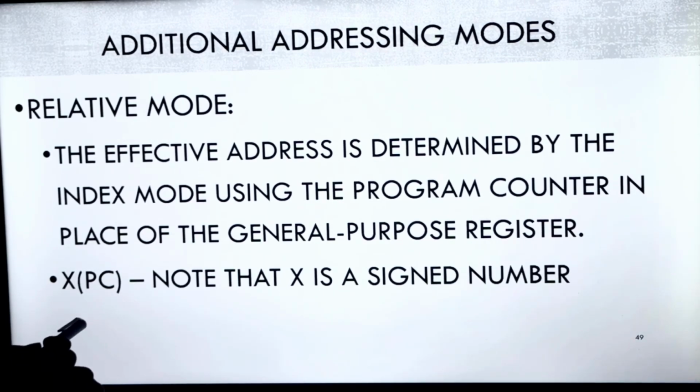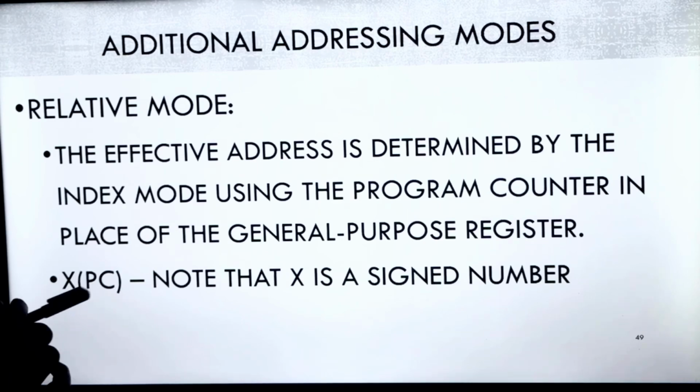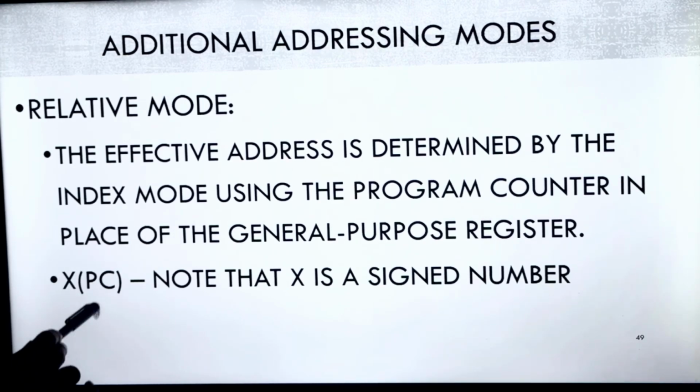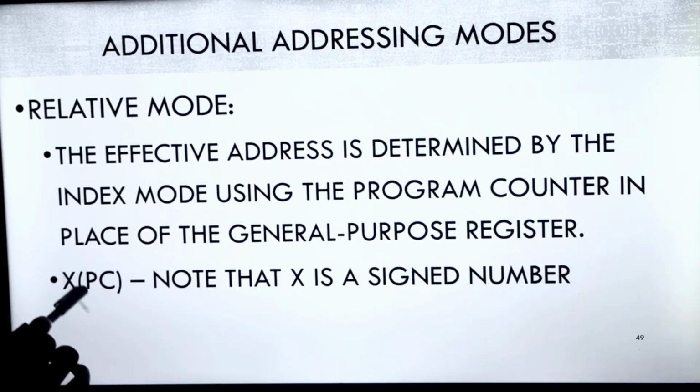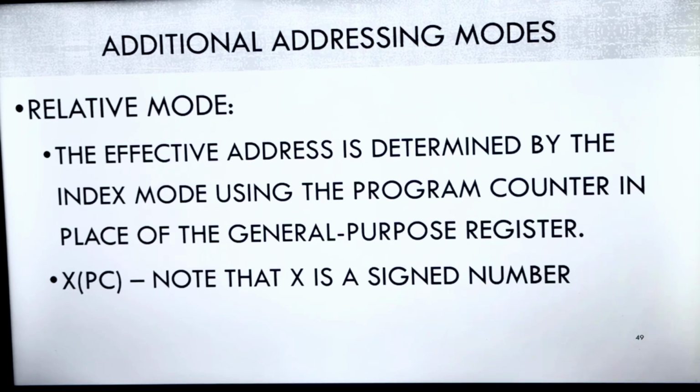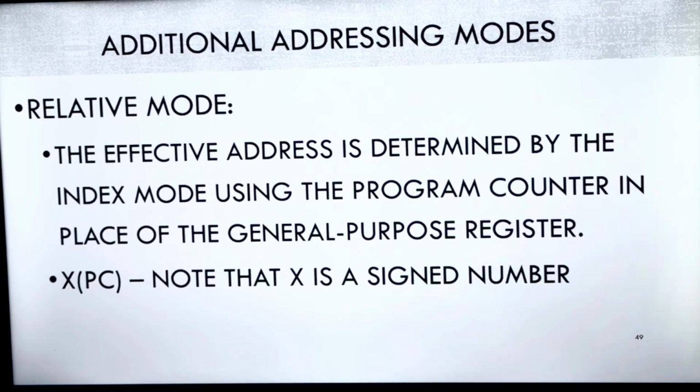So we can take advantage of that. Instead of using a register, I will ask my PC to hold the base address, which can be 1000, 2000, whatever. Then I will give the offset value as X, and then I will ask you to find the effective address. It will be X plus whatever is inside PC. It may be 1000, 2000, whatever.